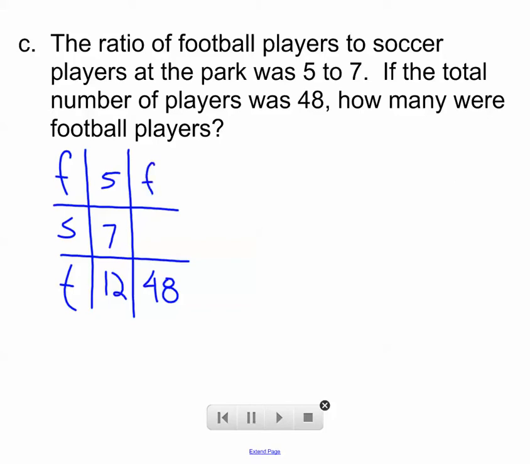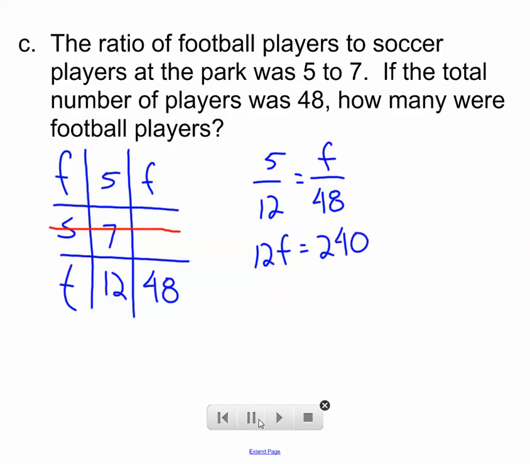We don't need this row. Okay, so there's our proportion. 5 over 12 equals the number of football players out of the 48. And I use cross products here. 12f equals 5 times 48, and then divide both sides by 12.